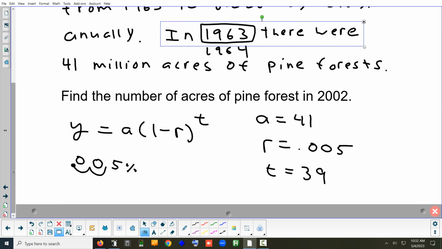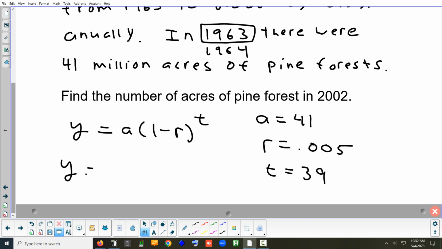Okay. Now, let's fill in everything into our formula. Okay, y equals... Maya, what's A? 41. Anaya, what's my R? 0.005. And how many years are going by in this situation?